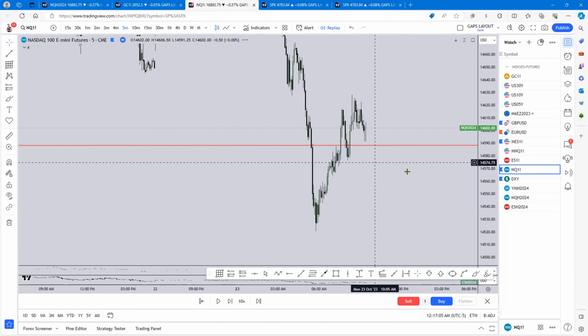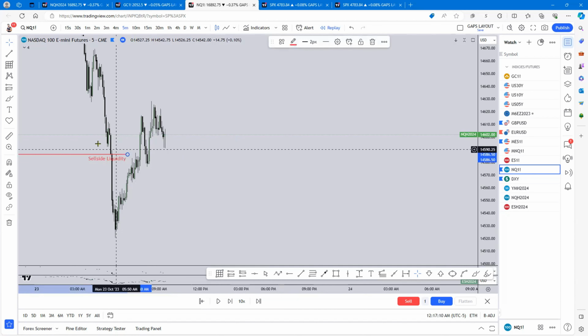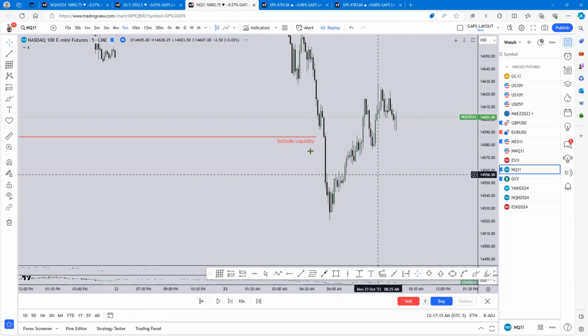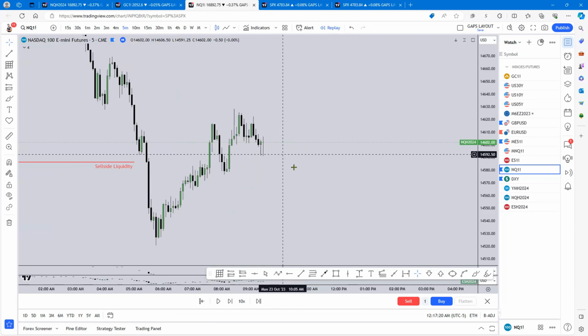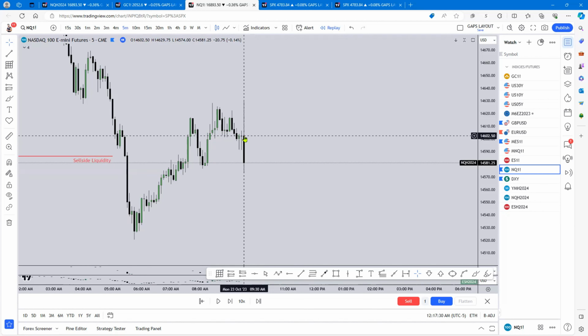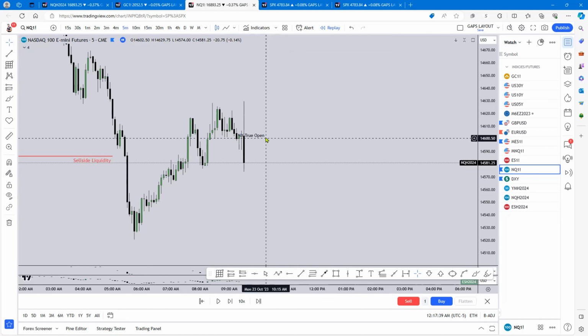Sell side liquidity is taken here. Sell side swept here. For good measure, we drive one more time. Here we have the 9:30 on the 5-minute. Here we have the true open. This is our New York open. New York true open here.